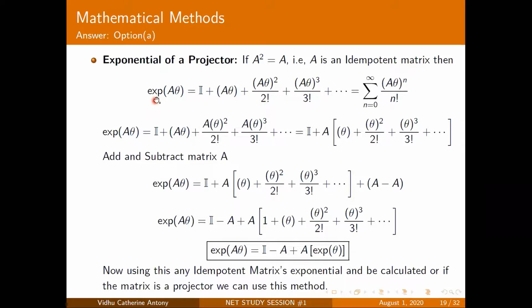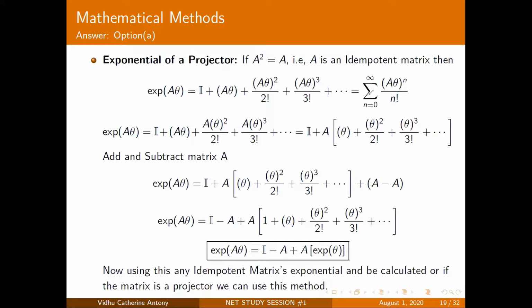I will use the basic formula, the exponential of, say, A theta. e power x is equal to 1 plus x plus x squared divided by 2 factorial plus x cubed divided by 3 factorial, and so on. I will be using that in this matrix. Exponential of A theta is equal to I plus A theta plus (A theta) whole squared divided by 2 factorial, and so on. This is basically a simplified, crushed notation that you have.